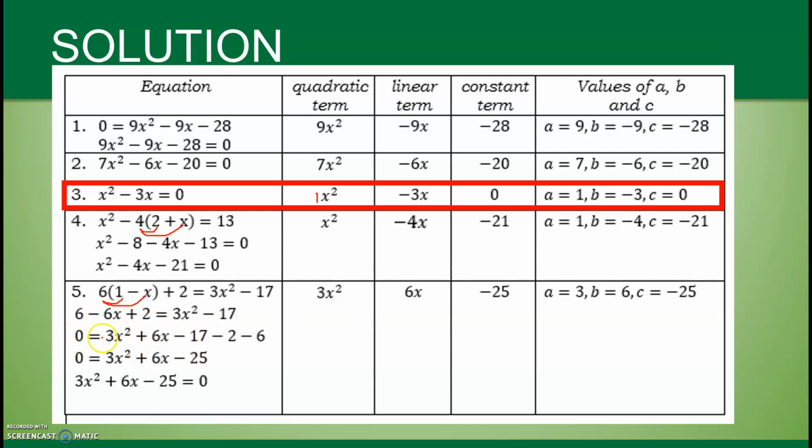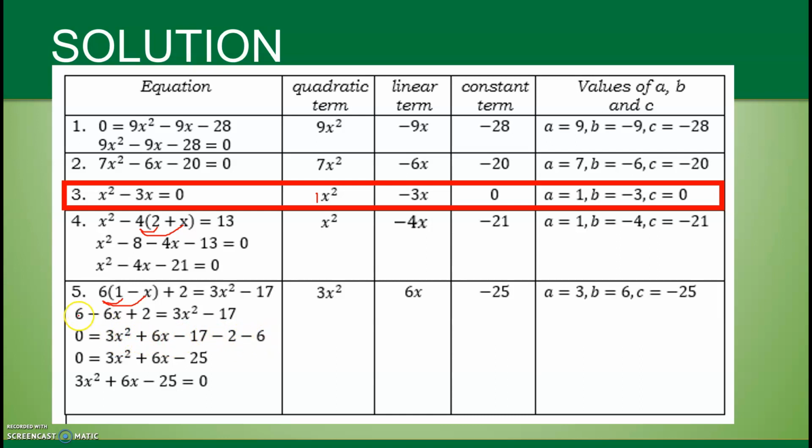So 0 is equal to 3x squared plus 6x. Actually, when we move terms, we use a property of equality. It's what we call the addition property of equality, right? So 3x squared plus 6x minus 17 minus 2 minus 6.